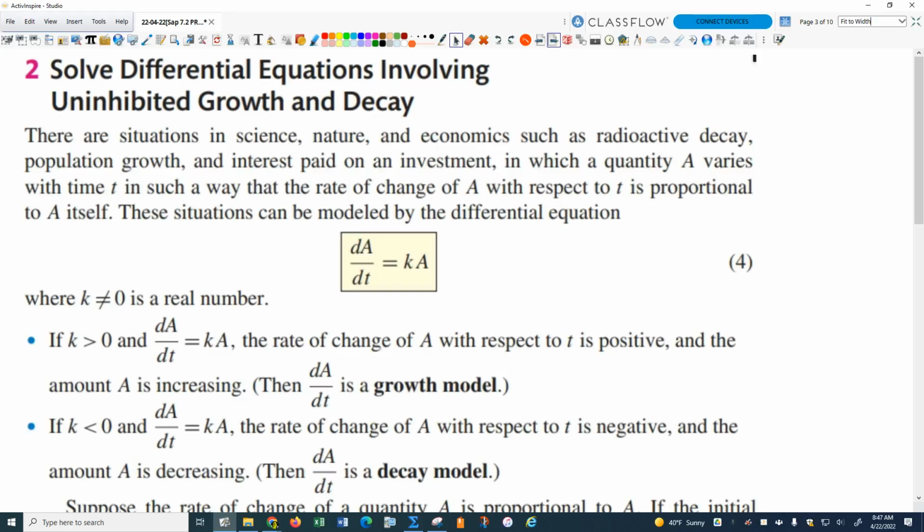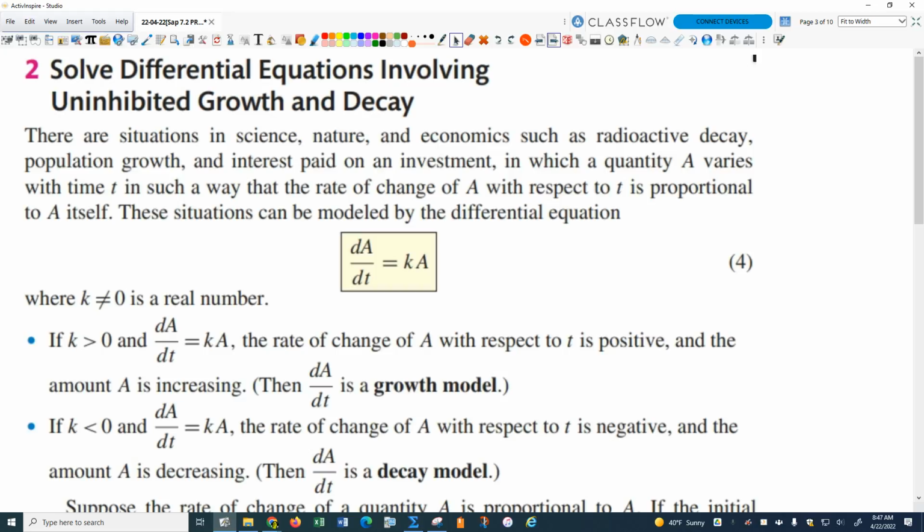This is a really simple model to consider because typically what's going to happen in nature, if we look at applications in biology and physics, for example, is that the rate of change of some quantity is proportional to the amount of that quantity.